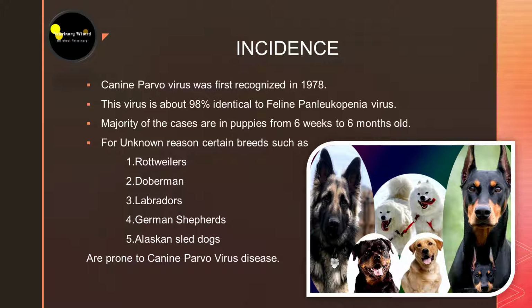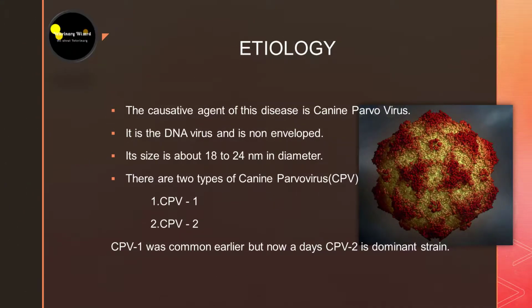the canine parvovirus infection. Before knowing anything else, one should know about the etiology of canine parvovirus infection. So what is the causative agent for this infection? The causative agent is a non-enveloped DNA virus known as canine parvovirus.